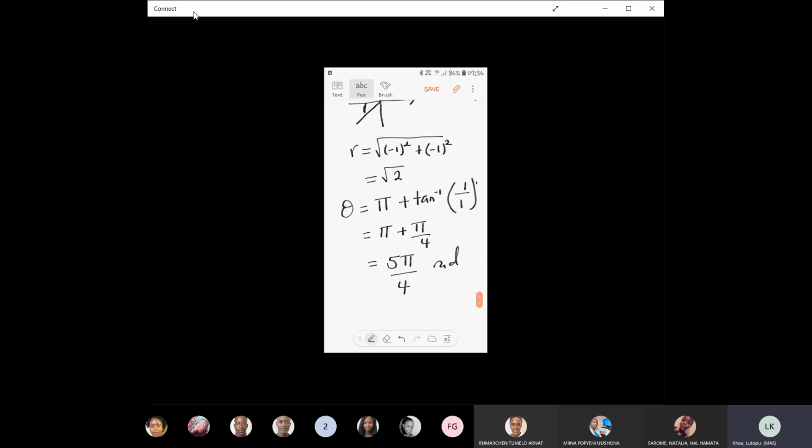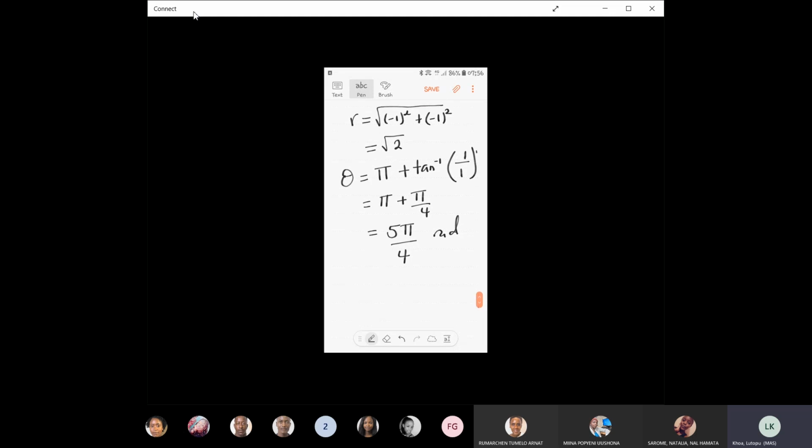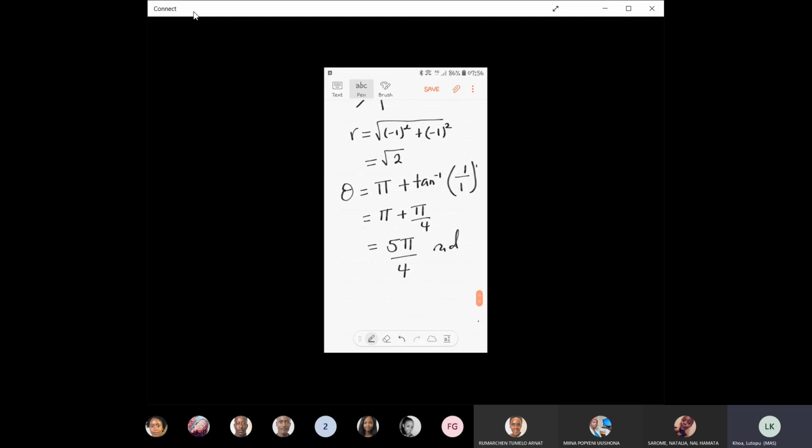So I have r and I have theta. Now in exponential form, z will just be equal to the square root of 2 e to the power of 5 pi over 4 j. Okay, that is what we will have.